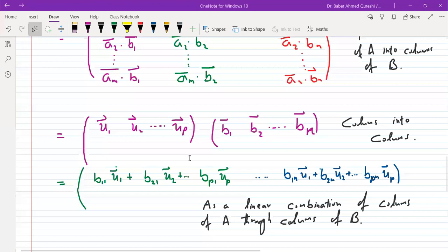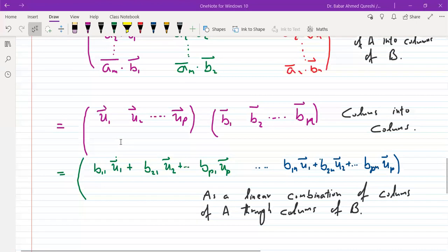Then we saw that we can also do it using the other rule. Again, I'm going column by column, but this time I think of the first matrix as composed of column vectors, and then apply the rule: take the components in your first column and make a linear combination of these vectors.